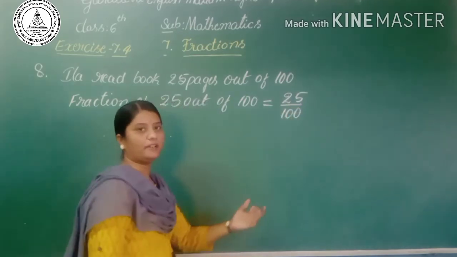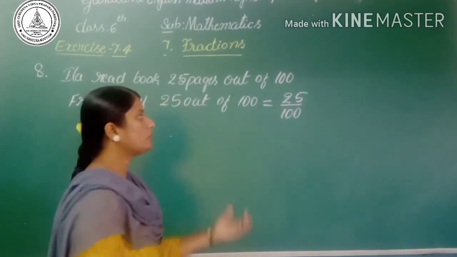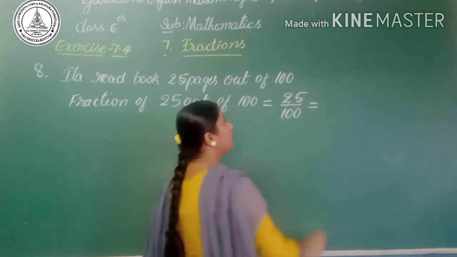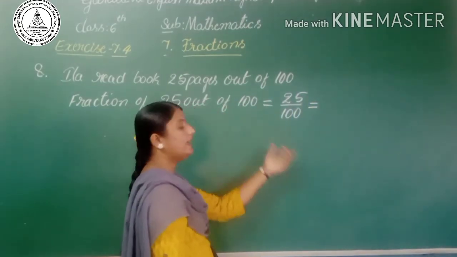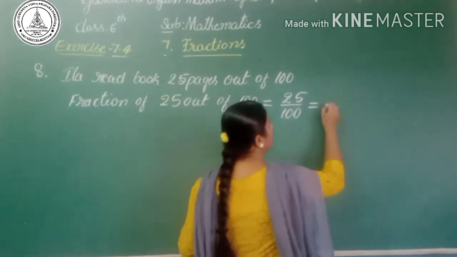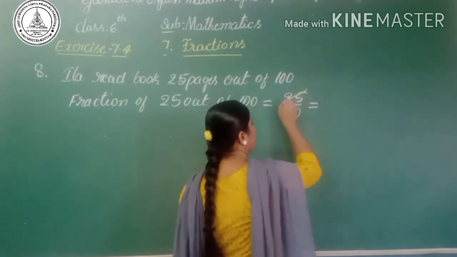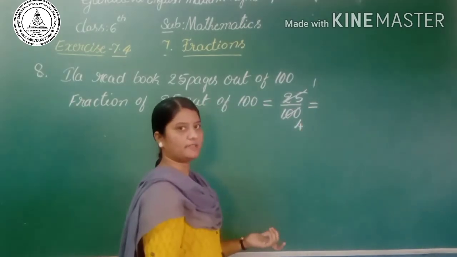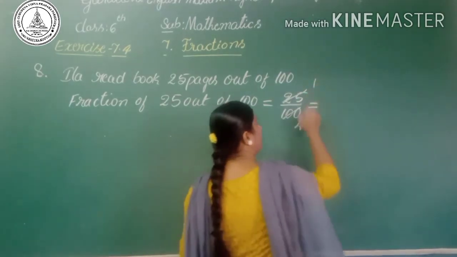So 25 by 100 is not in the simplest form, so we can write it in the simplest form. 25 and 100 have HCF 25. So divide by 25, means 25 ones are 25, 25 fours are 100. So we can cancel the fraction to 1 by 4.